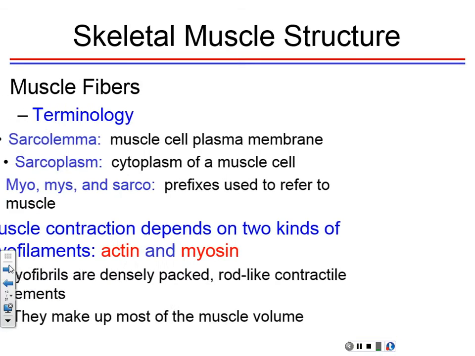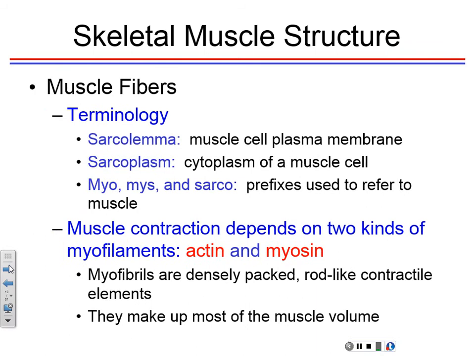Okay. So sarco is a Greek word meaning flesh. And so anything to do with the muscle fibers, which is a muscle cell, right? Like the cytoplasm of a muscle cell is going to be called the sarcoplasm.